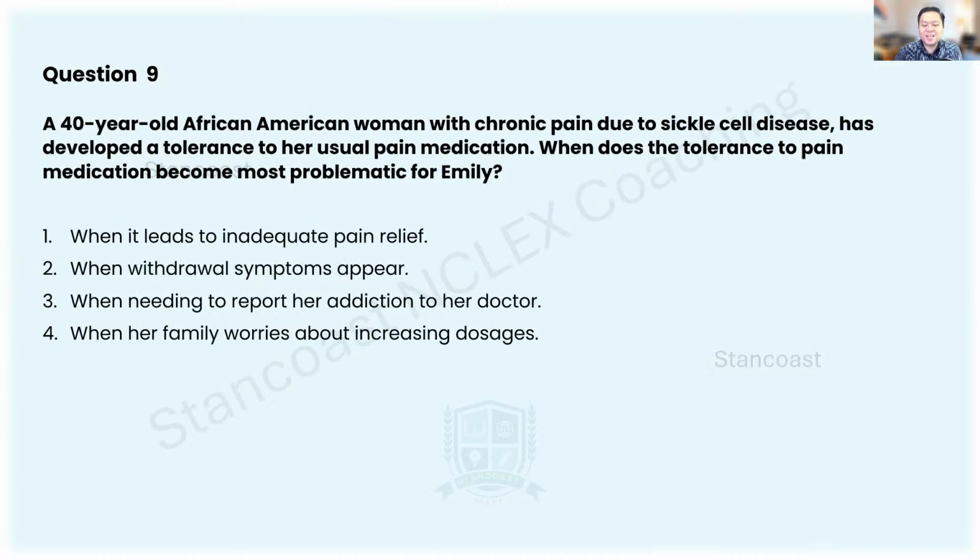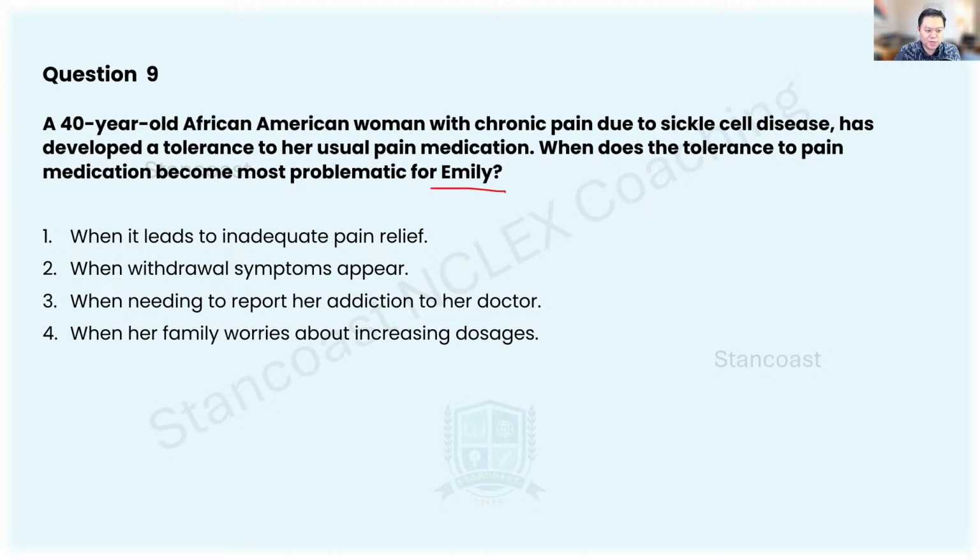A 40-year-old African-American woman with chronic pain due to sickle cell disease has developed a tolerance to her usual pain medication. The question states, a 40-year-old African-American woman with chronic pain due to sickle cell disease has developed a tolerance to her usual pain medication. When does the tolerance to pain medication become most problematic for this patient?